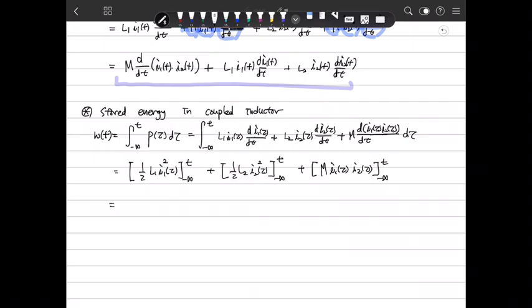If we neglect the minus infinity value, which is 0, that will be half L1 I1 squared plus half L2 I2 squared plus M I1 I2.